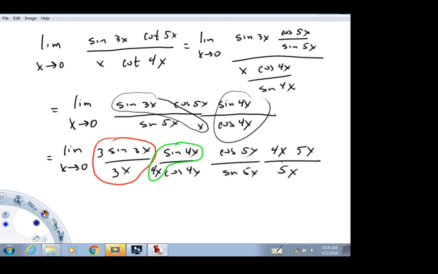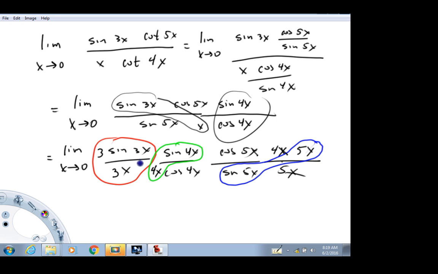And now I'll do this in blue. This limit I now know is 1. These x's are going to cancel right here and here. And cosine of 5x, as x goes to 0, cosine of 0 is 1.